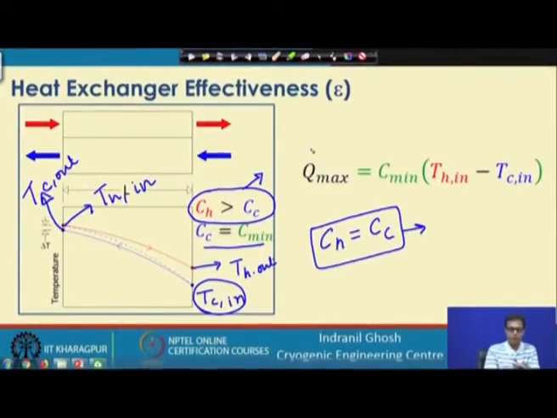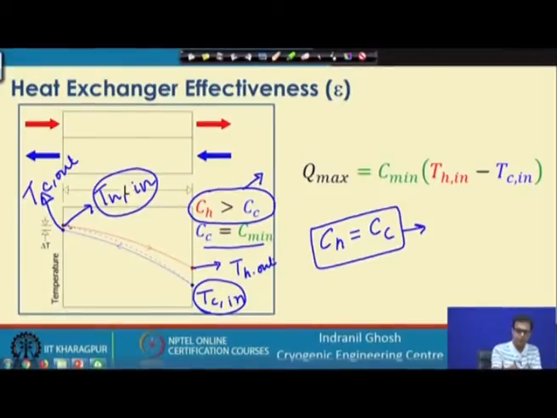And it is also inherently taking care of the second law of thermodynamics by not exceeding the temperature at any time. The coldest fluid is not crossing the maximum temperature, the hottest temperature in this process, T H in.